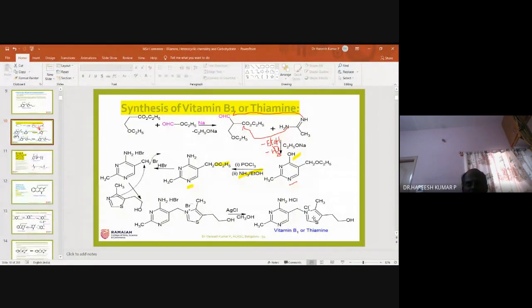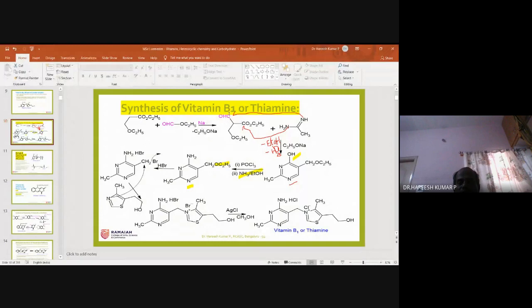Let me repeat how the synthesis takes place. It is with two molecules. One is 3-ethoxy ethyl propionate, which was treated with ethyl formate in the presence of sodium and gives a 1,3-dicarbonyl compound.